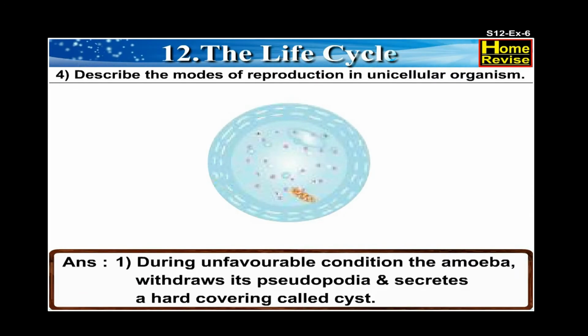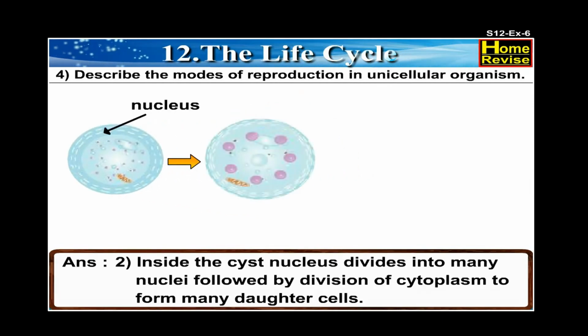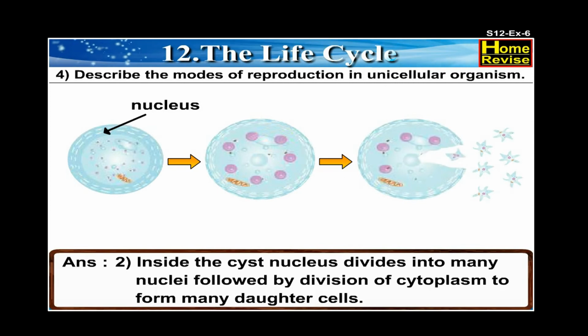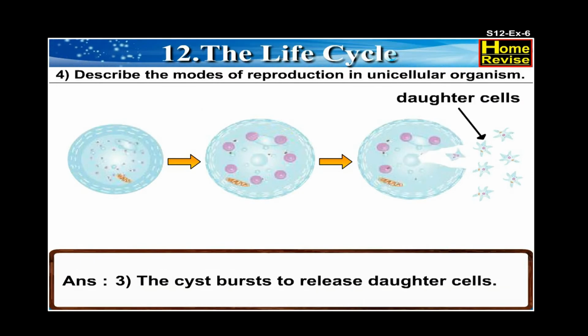During unfavorable conditions, the amoeba withdraws its pseudopodia and becomes almost round and secretes a hard covering called cyst. Inside the cyst, the nucleus divides into many nuclei, followed by division of cytoplasm to form many daughter cells. The cyst bursts to release daughter cells.